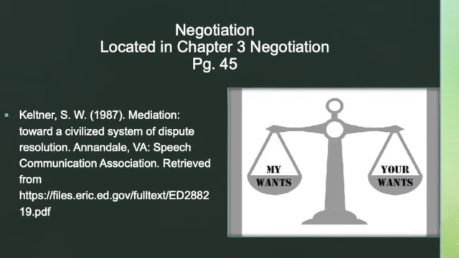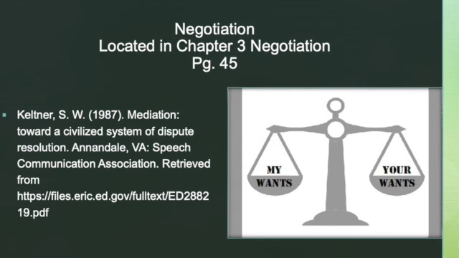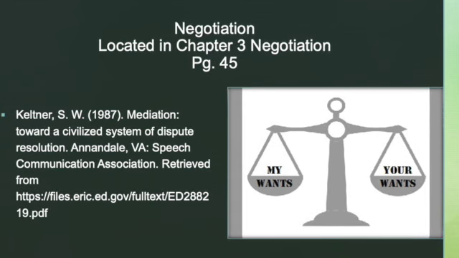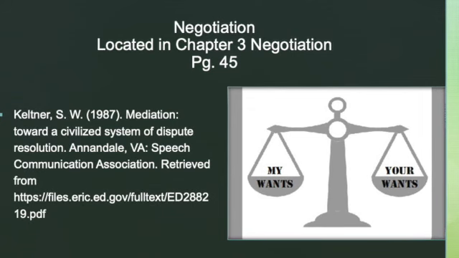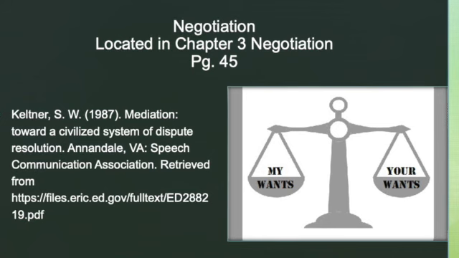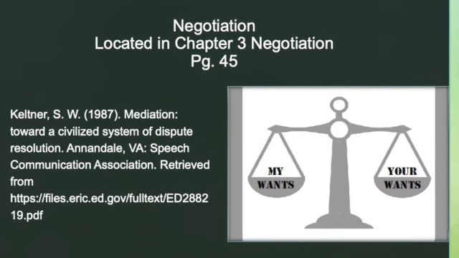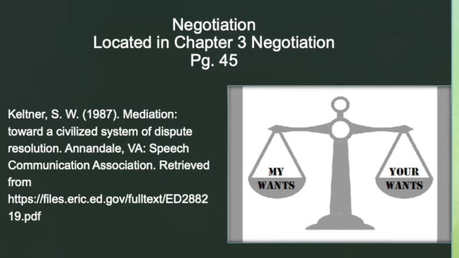And so in this article there was a section about negotiation, and Keltner talks about it being a peaceful process between two people who have differing opinions or goals and are trying to seek a resolution so that they can both essentially win what they are looking for.